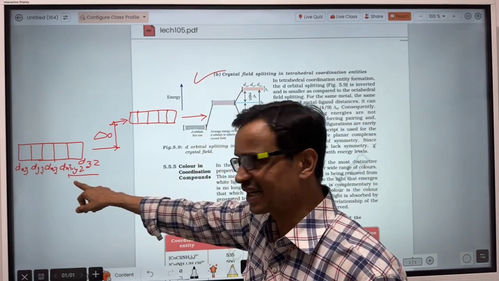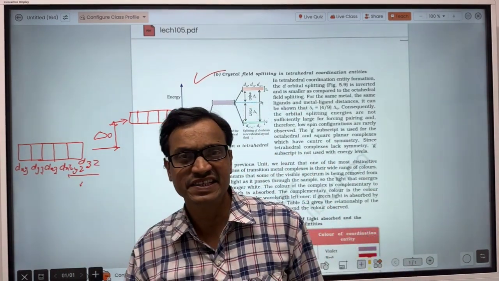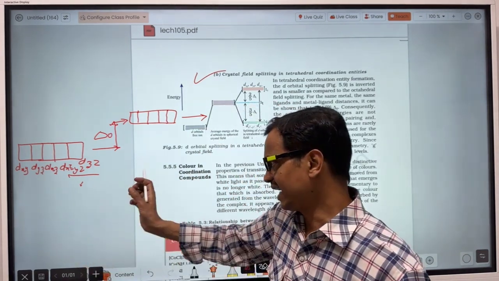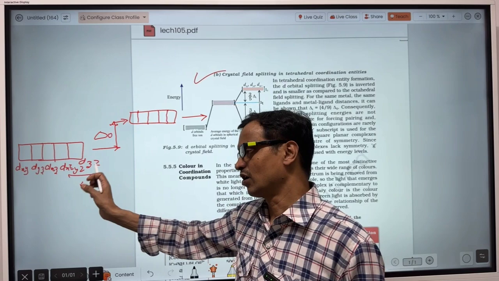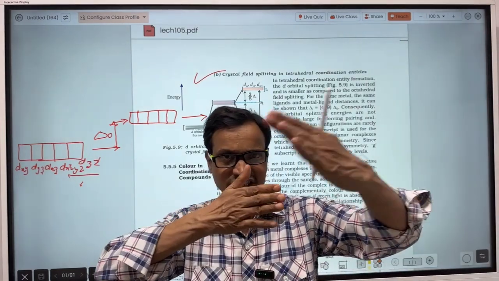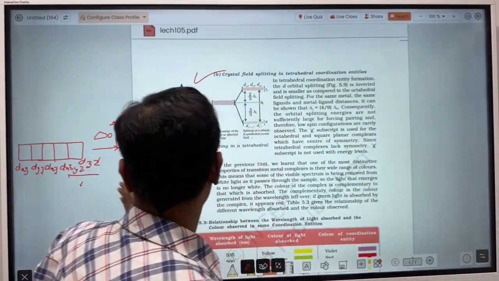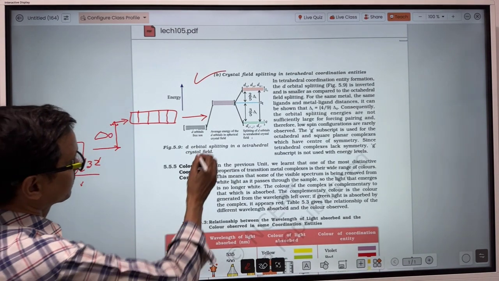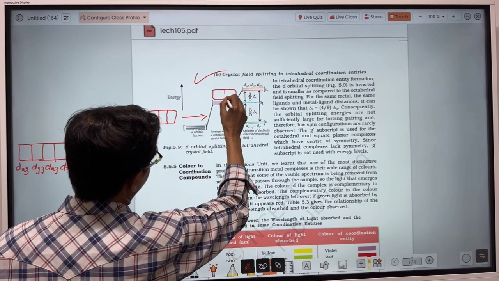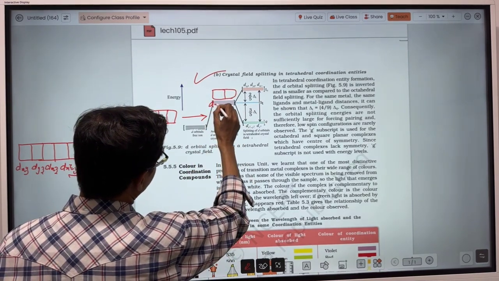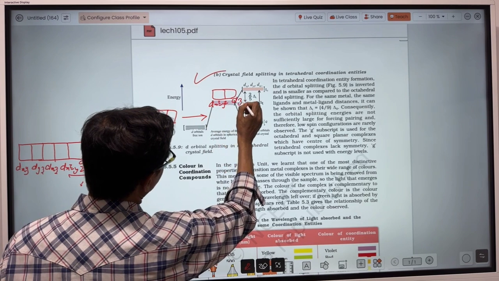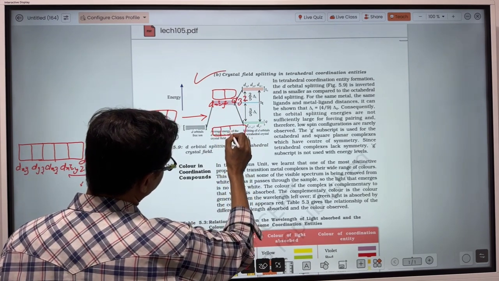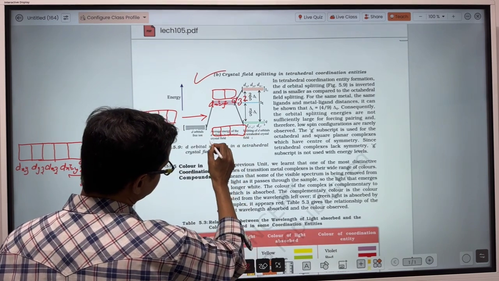The energy of dx square minus y square and the dz square will increase, because the axis of these orbitals is along that of the ligands. And the energy of the dxy, dyz and dxz will decrease.